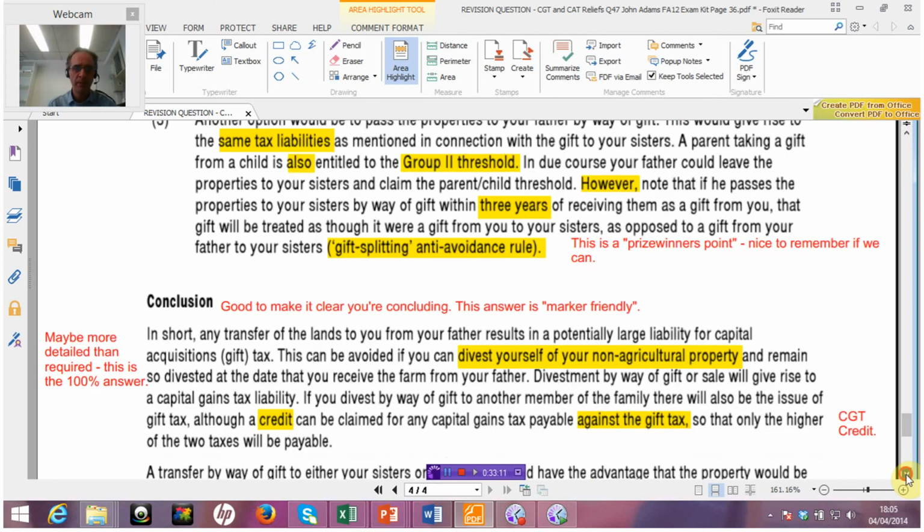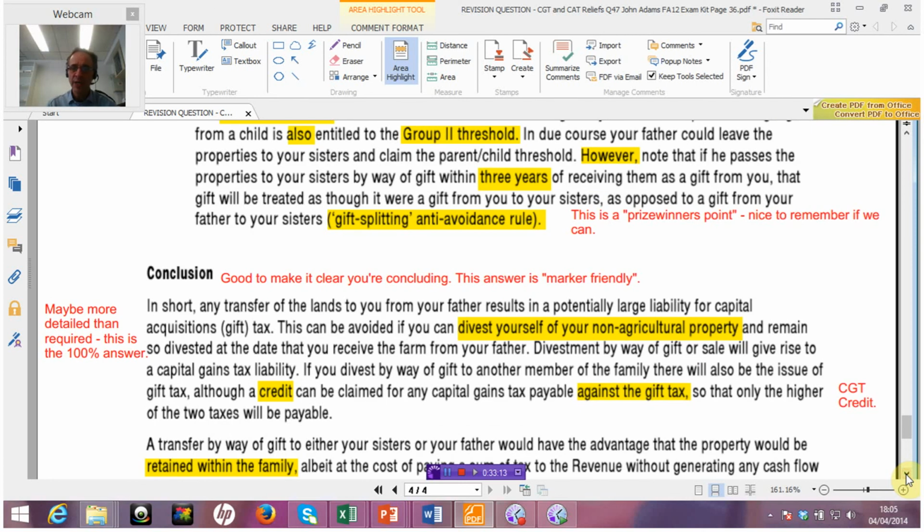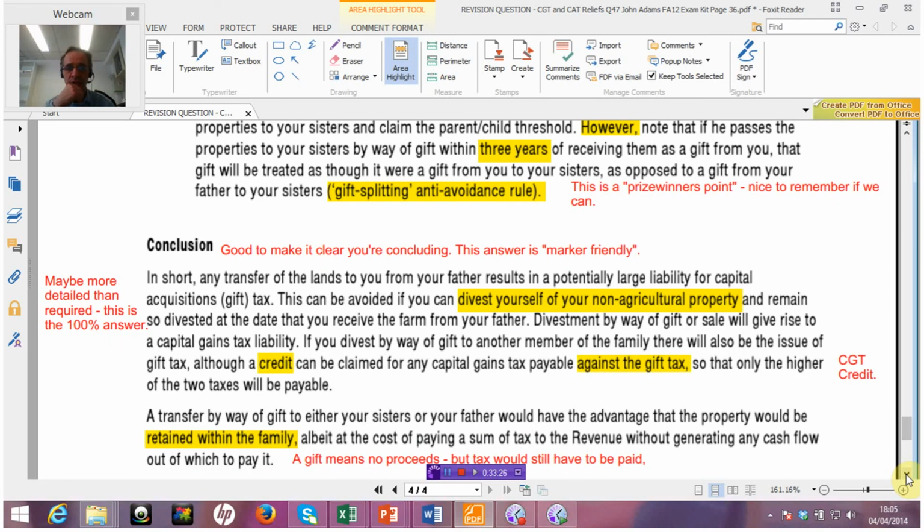Okay. In terms of the conclusion, really it's a sort of a regurgitation to a large extent of what we've seen above. I think perhaps it's a touch long for a student to come up with this. As I've said, this is a 100% answer. It could well be that a conclusion simply suggests that there are a number of options.